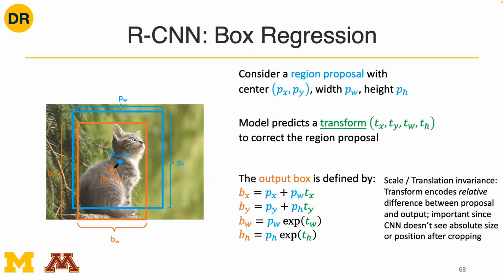And the bounding box regression is basically scale and translation invariance, meaning the difference between the proposal and output is handled by this transformation that you have as intermediate output. So in other words, the CNN does not see the absolute size and the position of your proposal.